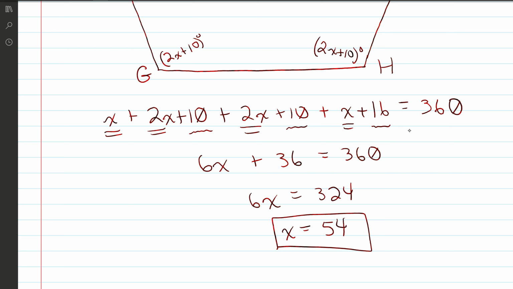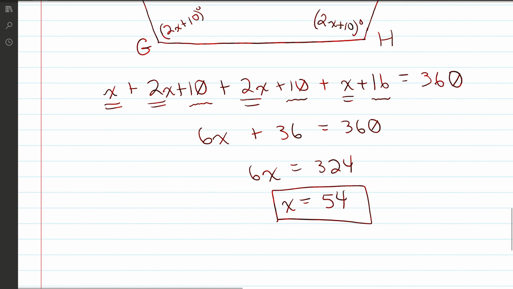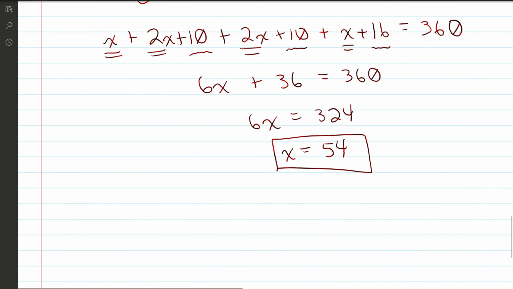However, we have to always follow the directions in the word problem and look for whatever else they're asking for. They're asking for all the other unknown angles, which are the rest of the angles. So we're looking for the measure of angle F, and we found that to be 54 degrees because angle F was x.